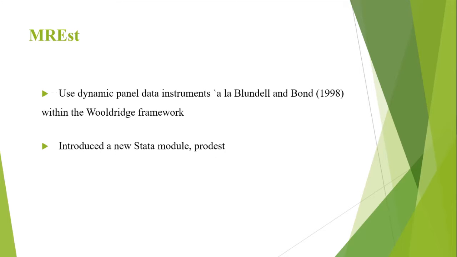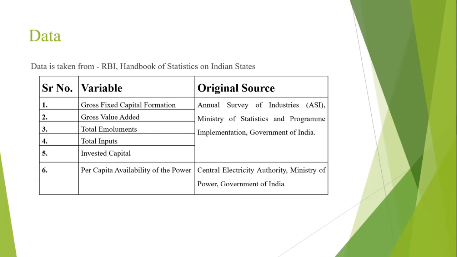Then we have the ARSSS methods. This is again developed on the Woodridge framework, and they have introduced another Stata module called ProDest. Using ProDest, we can calculate and estimate all these methods. So it will be good for comparison if we are calculating from a single command. So these are the variables I am using for calculating total factor productivity.